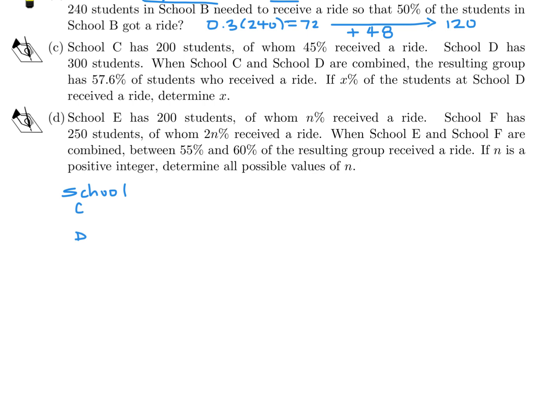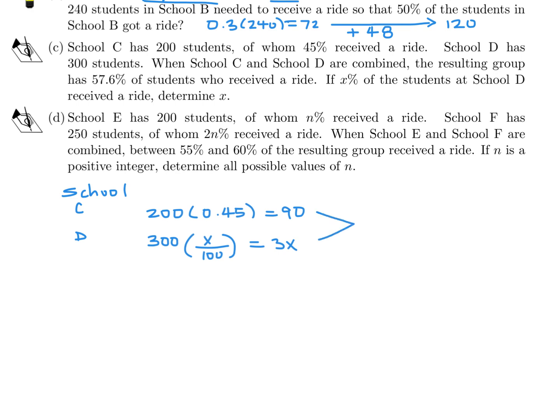So school C, we have 200 students, of whom 45% received a ride. So that's 90 students who received a ride. School D, we have 300 students, and X% of the students received a ride. So it's X over 100, and whatever that works out to, it's 3X.